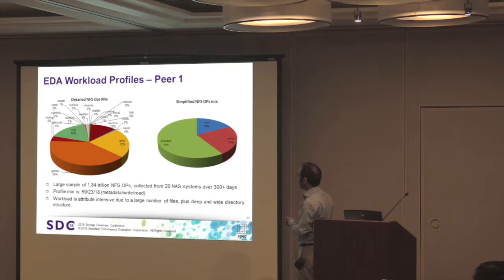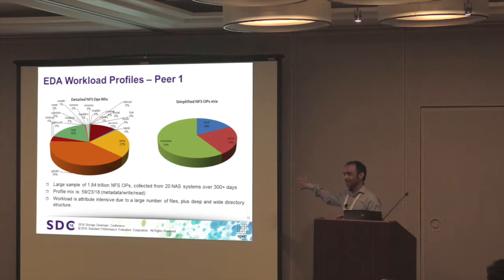If you look at the entire NFS 3 stack, you have this type of a spread: 39% getattr, 23% writes, 18% reads, 12% access, so on and so forth. If you were to simplify that, you can say around 60% metadata, around 20% reads, around 25% writes, right?